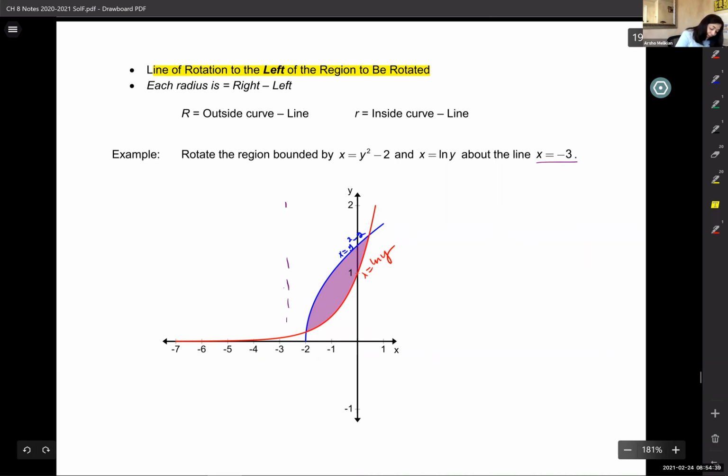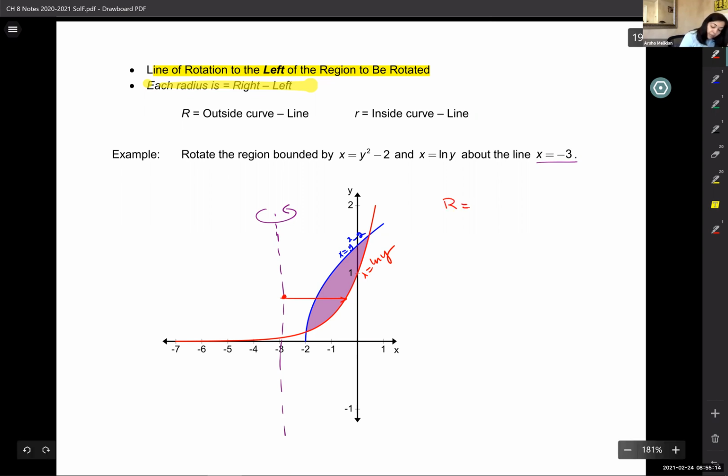That's here. Now, because I'm rotating around a vertical line, that mimics the y-axis. So everything is horizontal. So instead of upper minus lower, I'm going to do right minus left. If each radius is going to be right minus left, let's draw our radii. The big radius goes from the line of rotation out to the outside curve, the farthest curve.